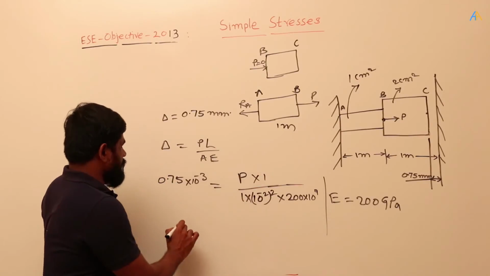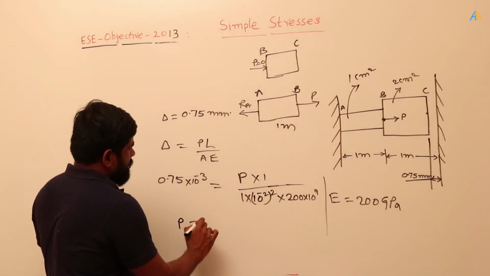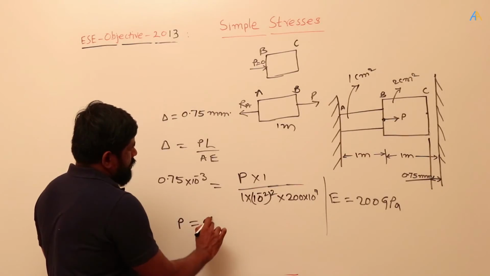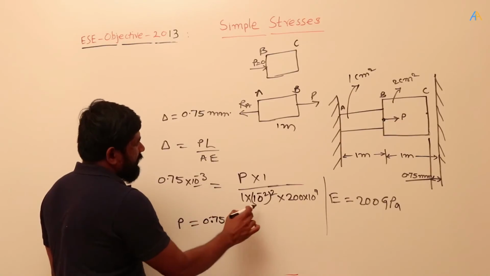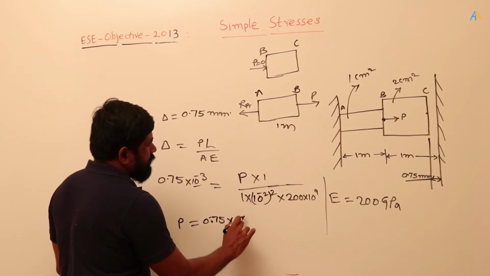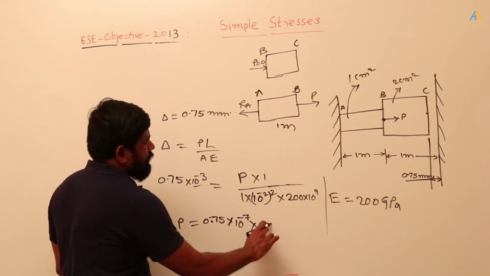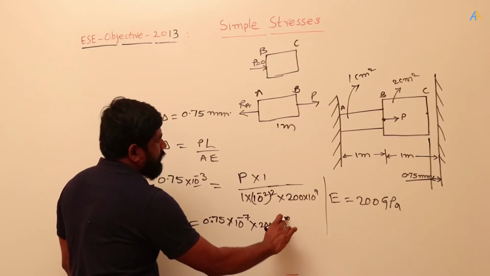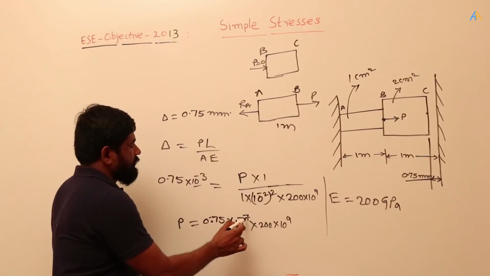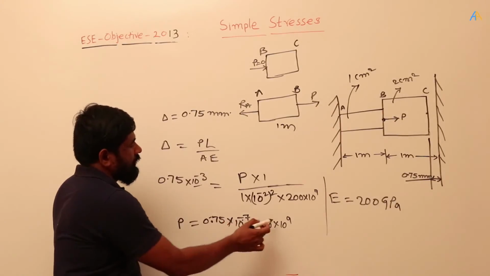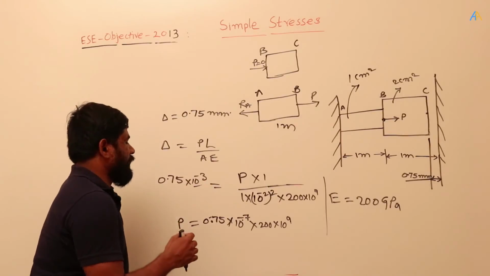So here P equals 0.75 into, this one is 0.3 and this one is 0.4, so minus 7, I am adding these two, over 200 into 10 power 9. So this 7 and this 9, only 2 are remaining.